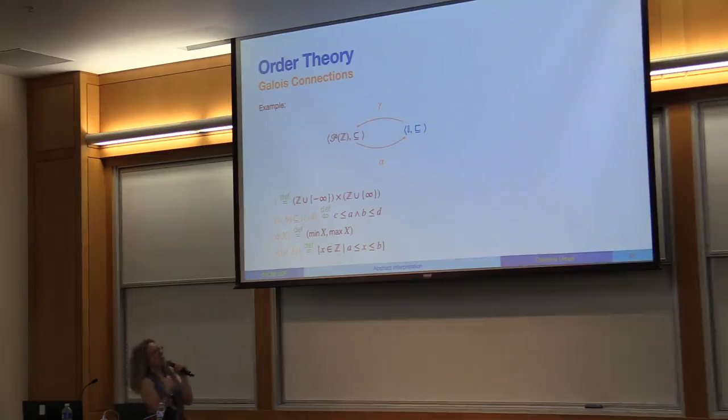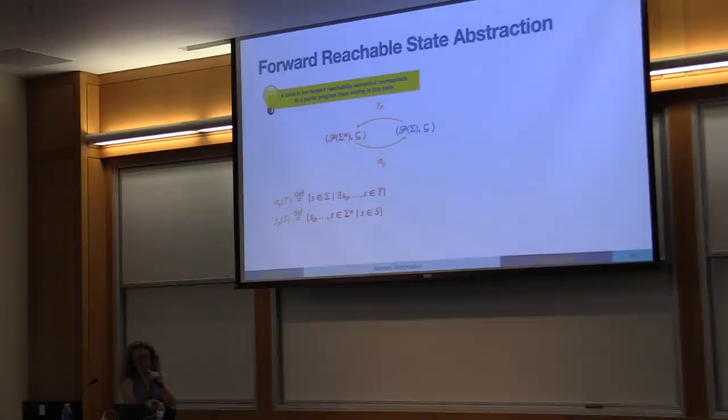Okay, so between our prefix trace semantics and our forward reachable abstraction, we have a Galois connection. So if we have a state in the forward reachability semantics, we have a partial trace that ends in that state in the prefix trace semantics.